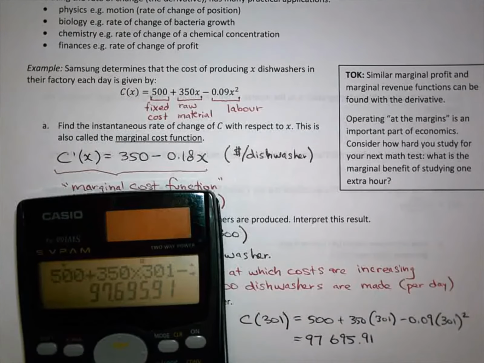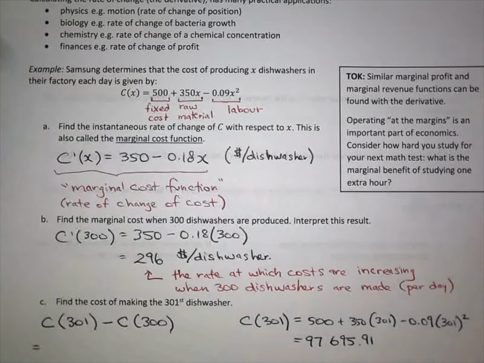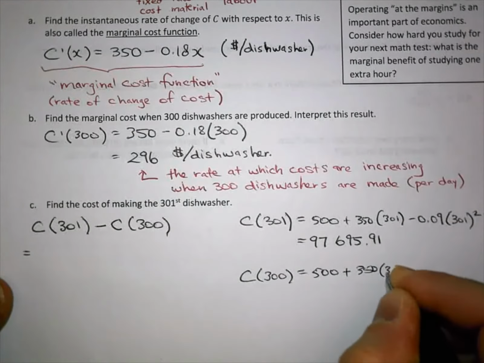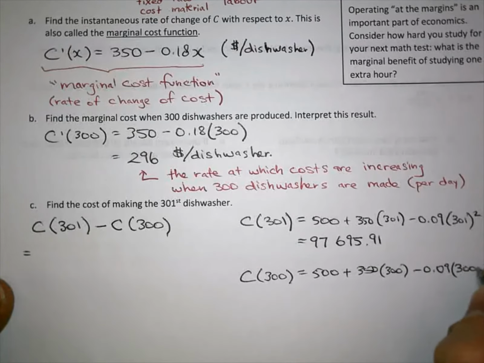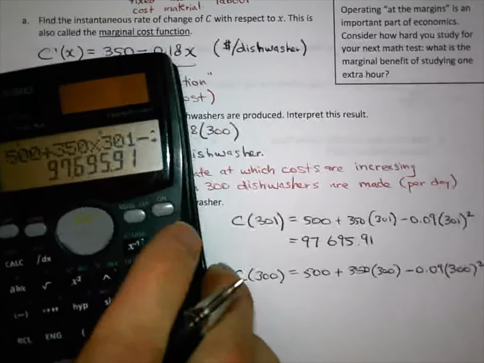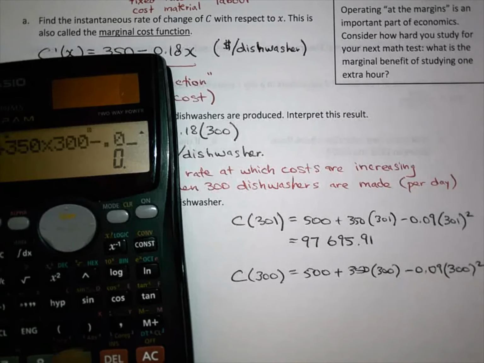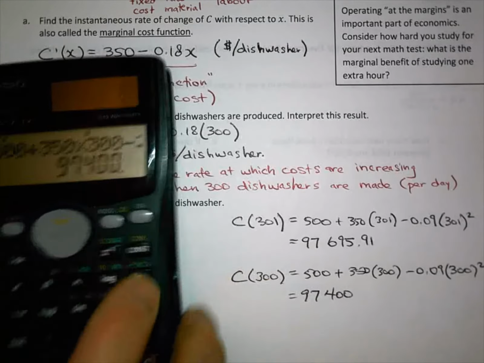And I also need the cost of making 300 dishwashers. So that's going to be 500 plus 350 times 300 minus 0.09 times 300 squared. And that gives me 97,400.